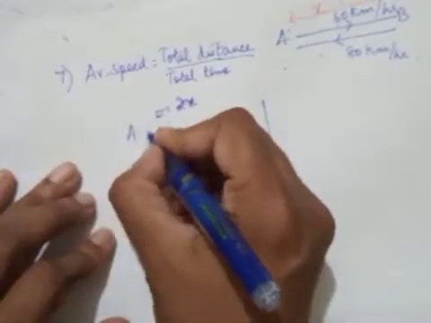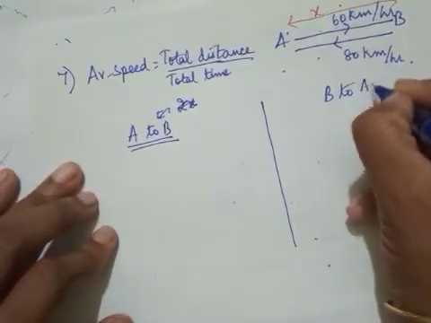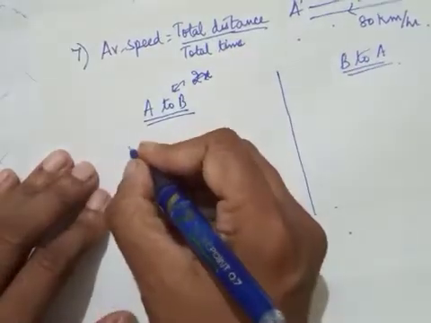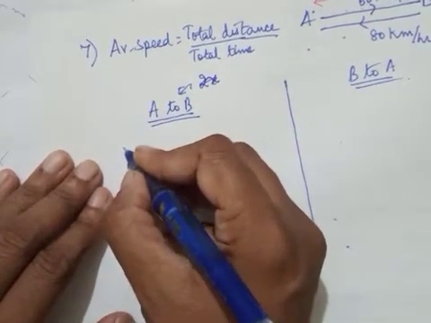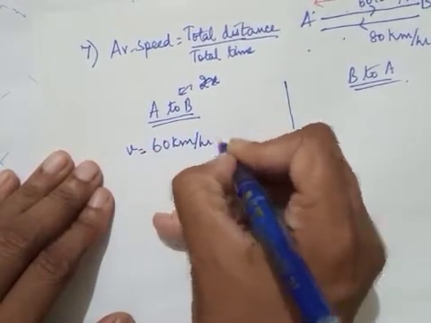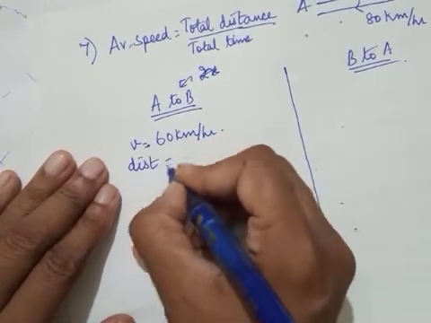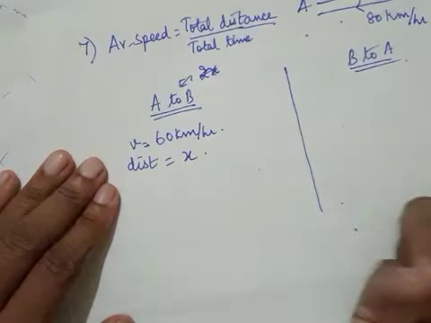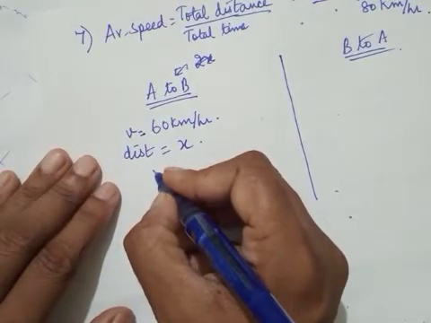Now the journey from A to B, and this is B to A. A to B, it is moving with a speed of 60 km per hour, and the distance, let's take it as x.